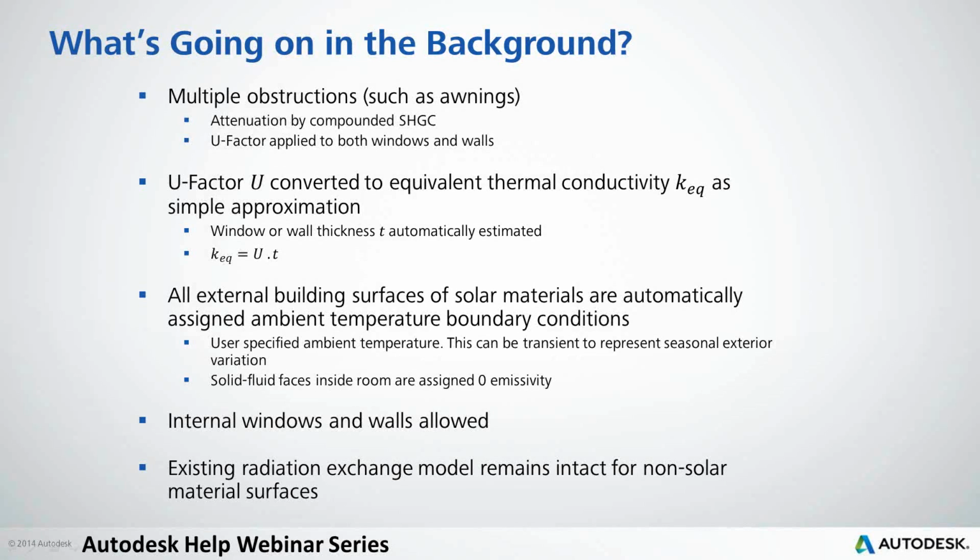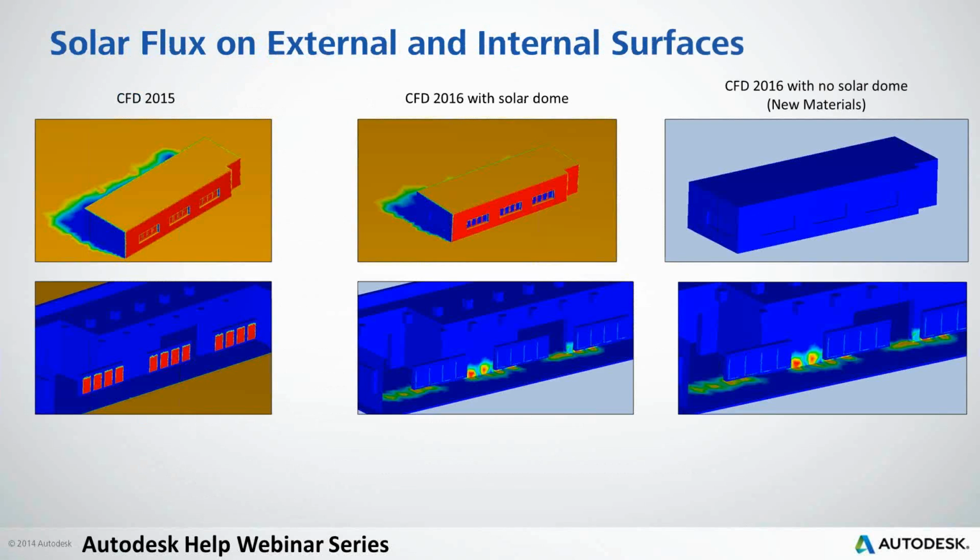Just to take a graphical look at the changes and how they've affected the results moving forward. On the left-hand side here, we've got the CFD 2015 model. This would be with a solar dome, and this is what the results look like. This is just looking at solar flux, and what's correct is the solar flux on the outside of the building, so you can see where the sun is going to be on the right-hand side, and we've got the cooler side on the left.